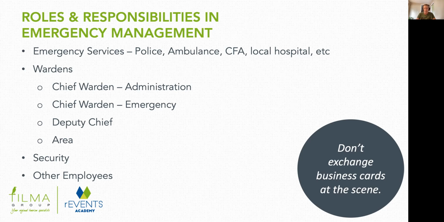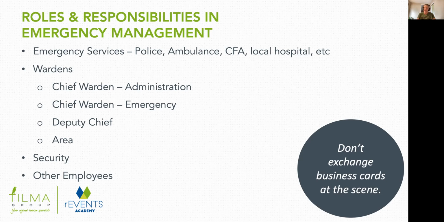Any other staff, any other volunteers on site at the time are directed by the area warden for the particular area that they're working in. They just take direction from them and assist them as required.